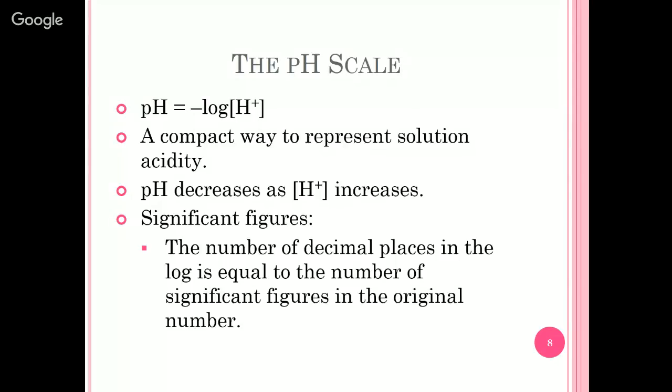In terms of significant figures, the number of decimal places in the log is equal to the number of significant figures in the original number. What does that mean? So if I have 3.4 times 10 to the negative 5th, I have 3.4, that's 2 significant figures in a concentration. When I take the negative log of that, I will then have 2 significant places past the decimal point.